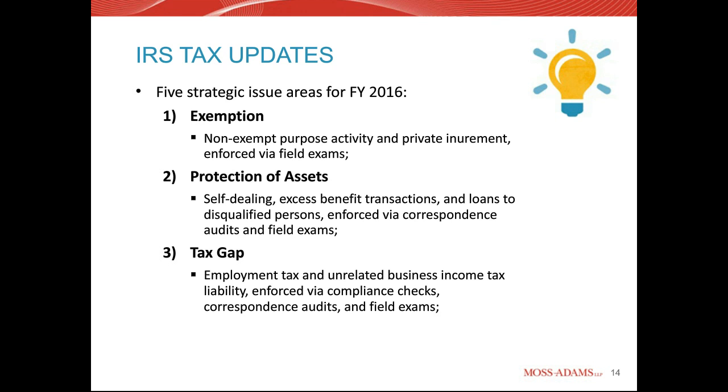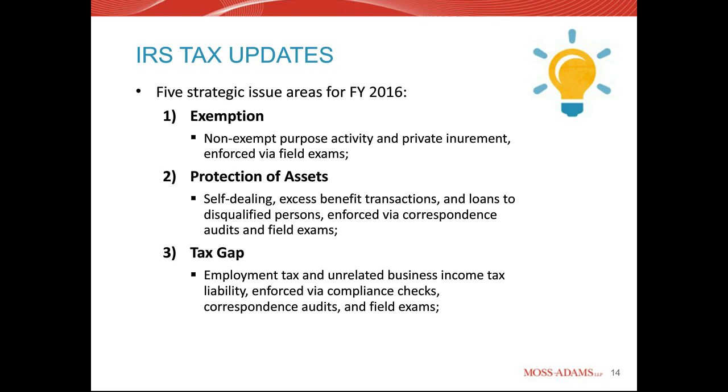Protection of assets is very, very important to the IRS, and they're looking at things like self-dealing, if you have transactions with insiders and there could be an excess benefit. Typically, what that means is someone received more than market value. A perfect example of that is compensation. I'm paid by a nonprofit, but I'm paid higher than the going rate for my actual duties.